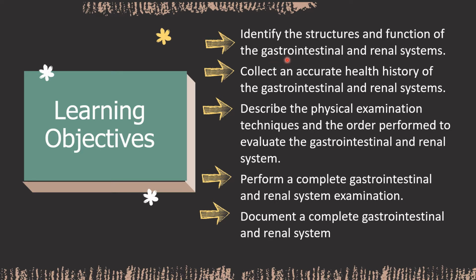At the end of this presentation, the student will be able to identify the structures and function of the gastrointestinal and renal systems, collect an accurate health history of the gastrointestinal and renal system, describe the physical examination techniques and the order performed to evaluate the gastrointestinal and renal system, perform a complete gastrointestinal and renal system examination, and, of course, document a complete gastrointestinal and renal system assessment based on the gathered data.